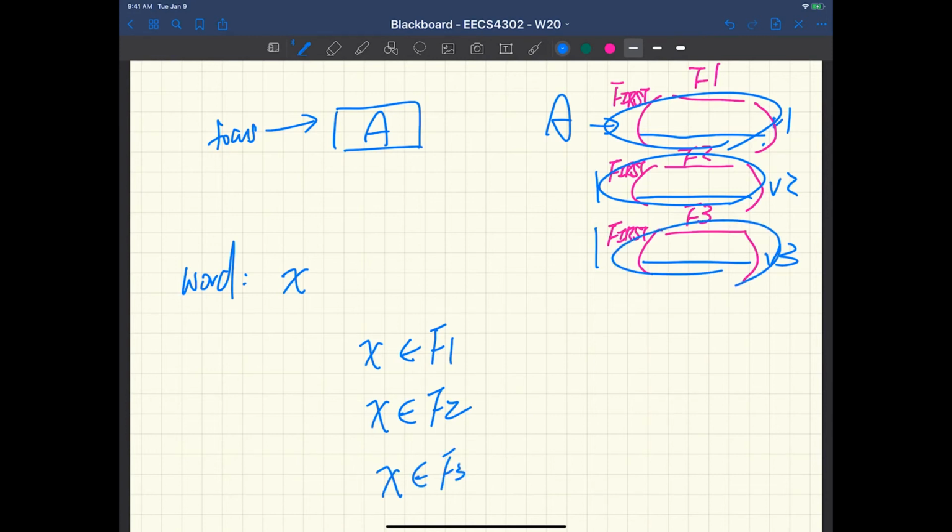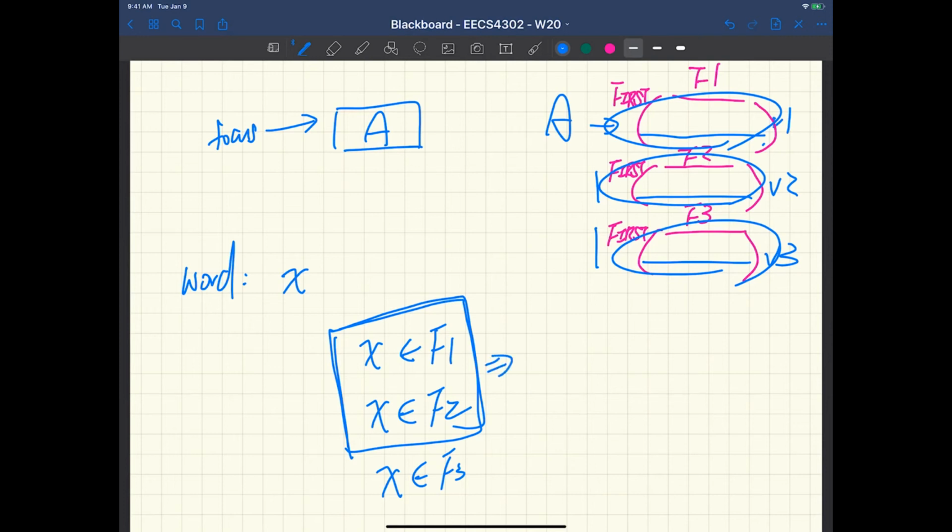I might know what your question might be, but say it anyway. What if you have 2 different sets? Good question. It's completely legitimate. That's exactly what I'm expecting, right? So the question was, what if X is a member of F1 and X is a member of F2 simultaneously? It's possible, okay? Let's say it's true at the same time.